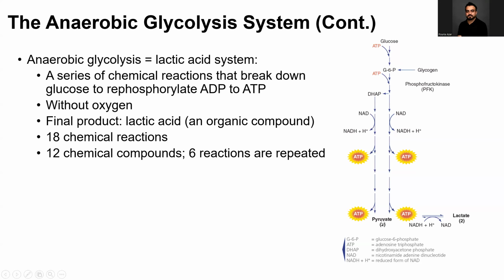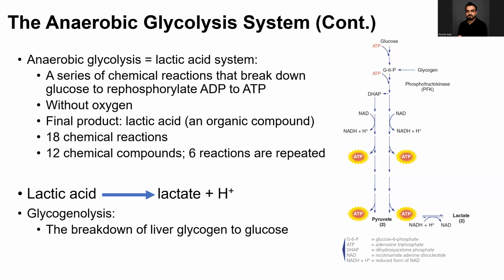Pyruvate is a three carbon molecule. So in this case, glucose can be divided into two 3-carbon molecules. That's why some of the chemical steps are repeated. But overall, we have 18 chemical reactions from breaking down one glucose. And the lactic acid can be converted to a lactate and a hydrogen ion.